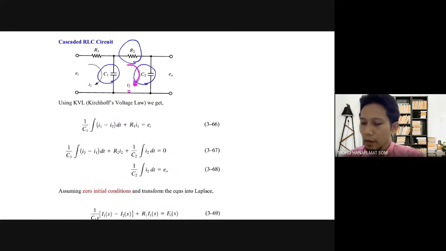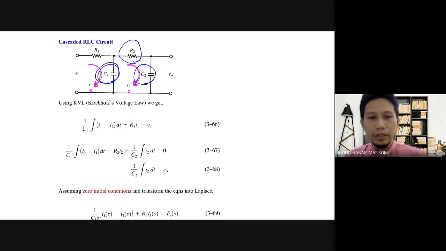Again, C1 is shared across two loops, I1 and I2.